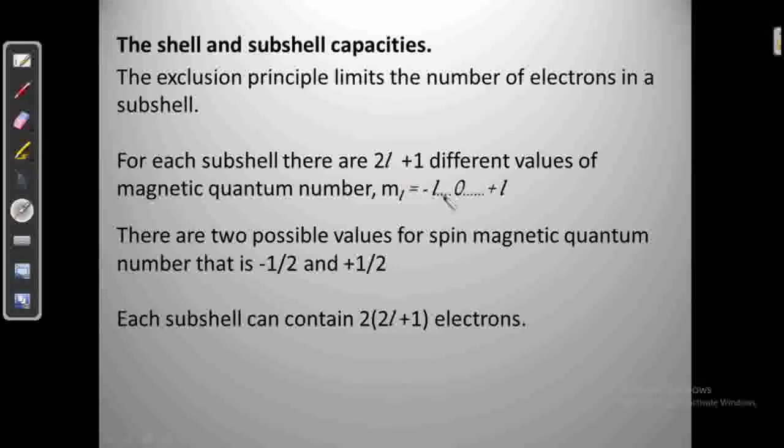So if there are minus 1, 0, plus 1 states, you can see that in the minus 1 state there will be 2 electrons. In the 0 state, there will be 2 electrons. In the 1 state, there will be 2 electrons.